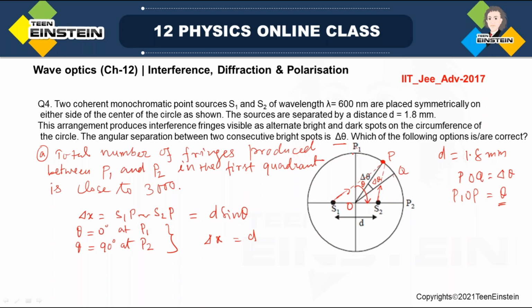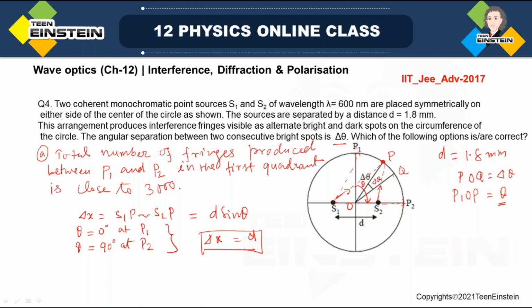And if suppose the fringe here is the maximum order, this is the maximum within this quadrant, okay. So I'm just finding out the path difference between P1 and P2. Okay, so I have got delta x is equal to d.